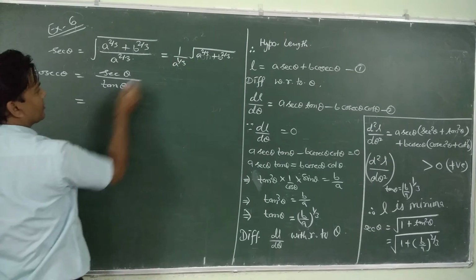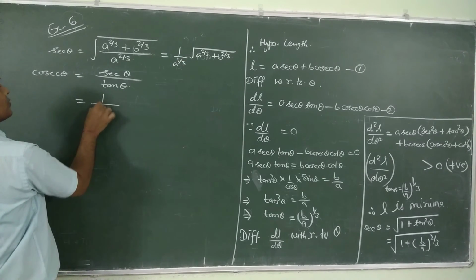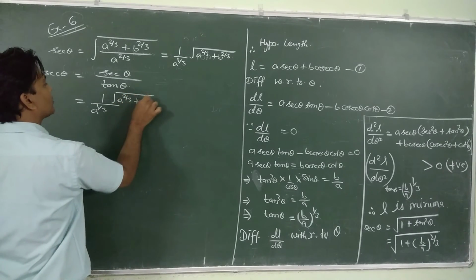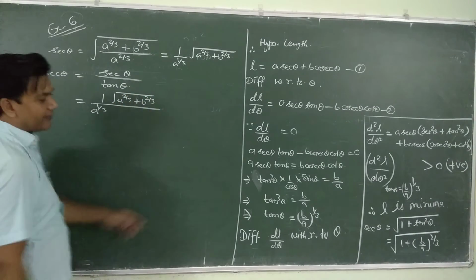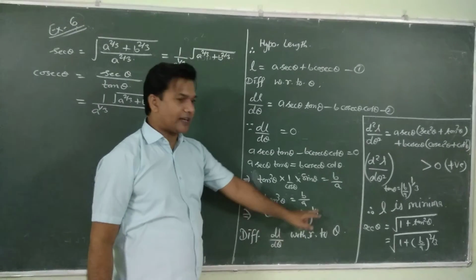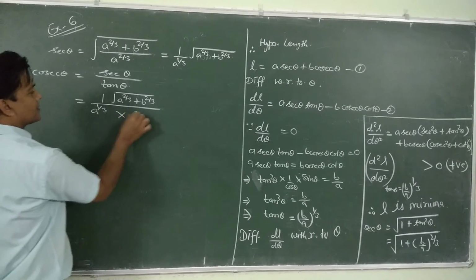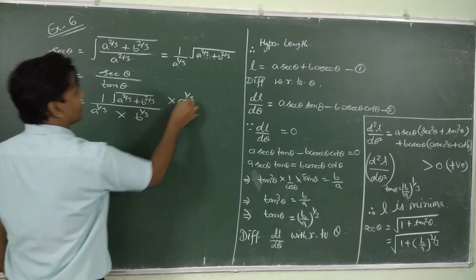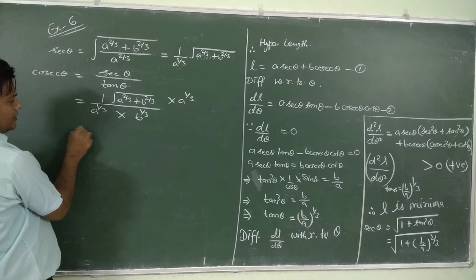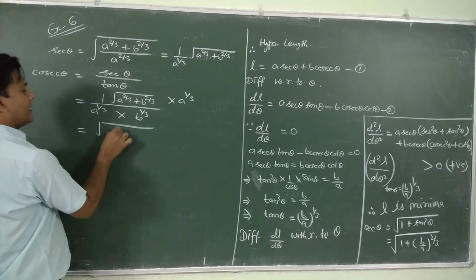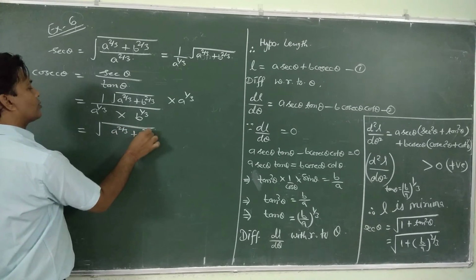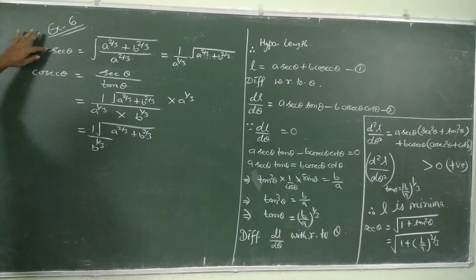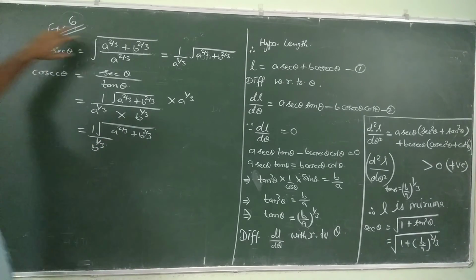So here the value of sec is 1 upon A raised to 1 by 3 root A raised to 2 by 3 plus B raised to 2 by 3, and the value of tan theta is B by A, all raised to 1 by 3. So the 1 by 3 cancels, and we get A raised to 2 by 3 plus B raised to 2 by 3 upon B raised to 1 by 3. Now we have the values of sec and cosec.